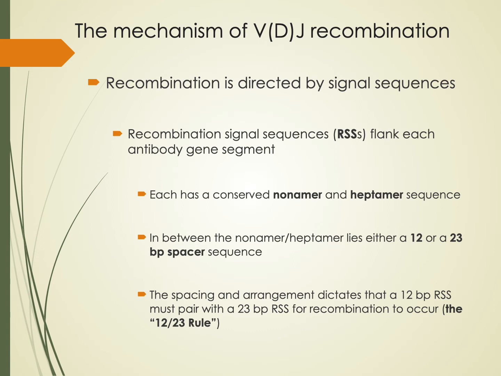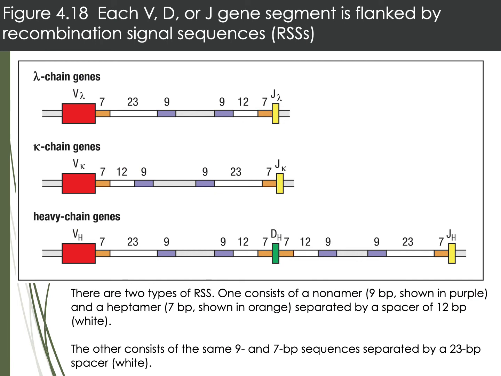So these recombination signal sequences are known as nonamers or heptamers, depending on how many are in the sequence. And we're actually going to look at a figure that shows this. So here we can see we've got this variable. This is one of the variable segments, like in the lambda on the top, and one of the joining, okay?